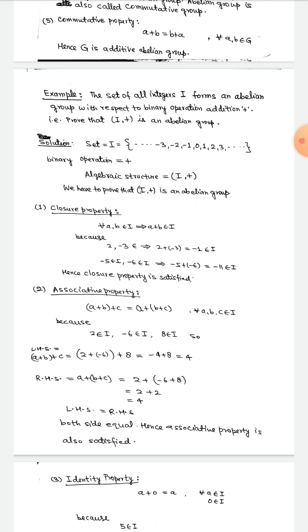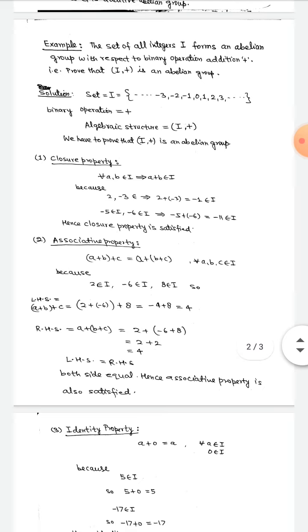The numbers which come from nature are called natural numbers, and the natural numbers are denoted by capital N, and it is defined as N equal to {1, 2, 3, 4, 5, ...}. So the definition of integer is, if we use the property of subtraction in the set of natural numbers, we get integers.